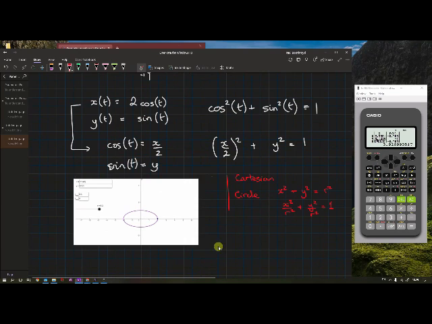And what we actually have is, instead of r squared, we have x over, and this was a 2, which is the 2 squared. So this is x squared over a squared plus y squared over b squared. And if that is equal to 1, we get an ellipse.